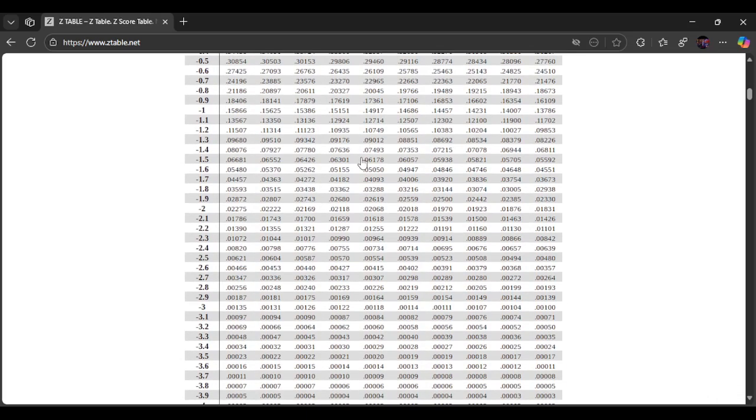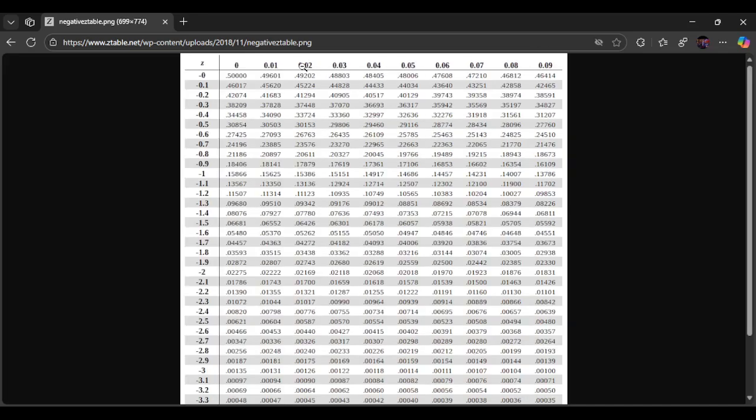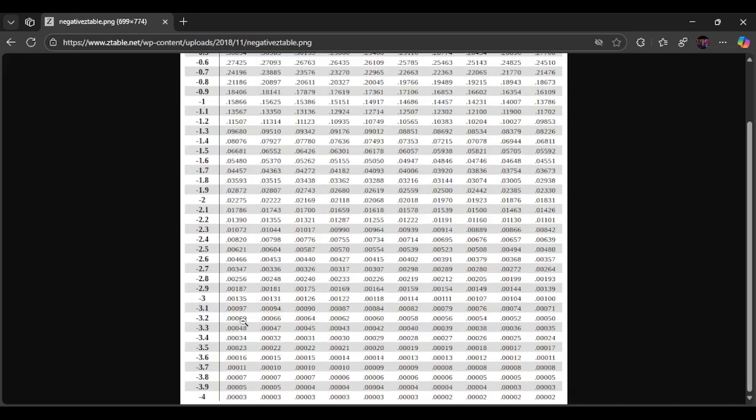First of all, you need to find the value of -3.2, and since the Z table only deals with two digits after the decimal point, the last digit must be 0, so we go to -3.20 and look at that value, and that will be 0.000069. So that value will be 0.0069. That is the answer for -3.2.